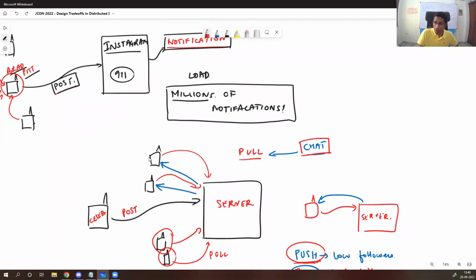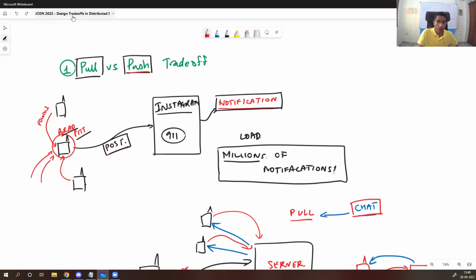Because design trade-offs here are about fulfilling your non-functional requirements in the best way possible. So it's not necessary that we can choose only one out of these. We can choose both at the same time.